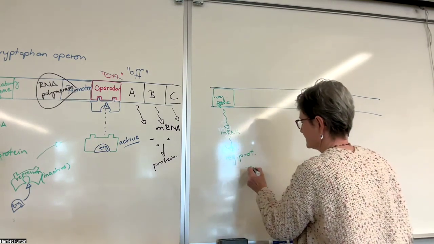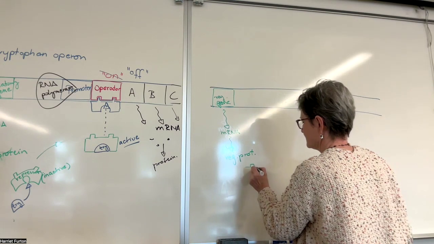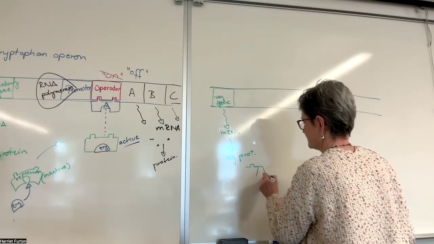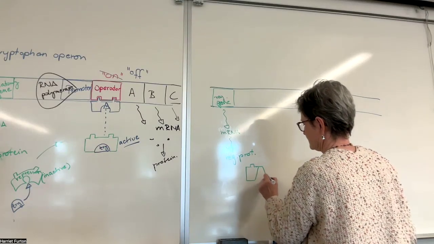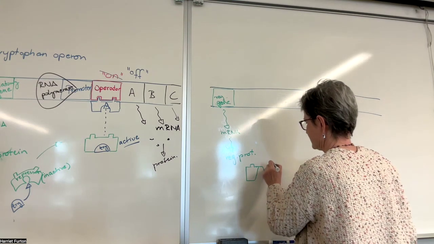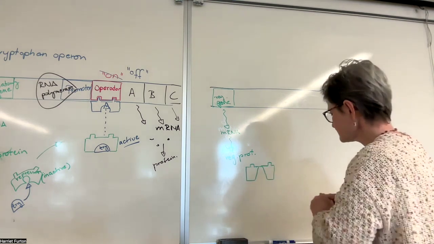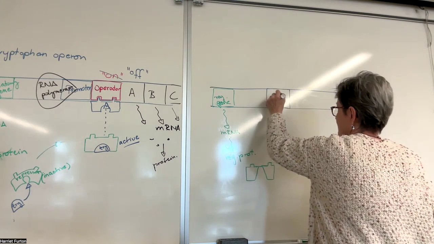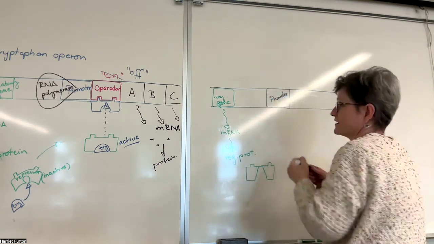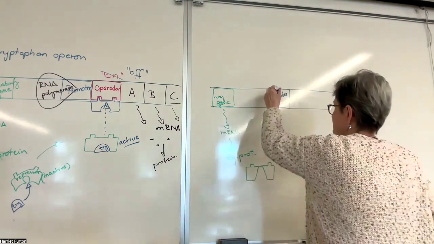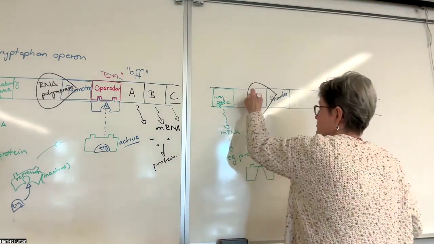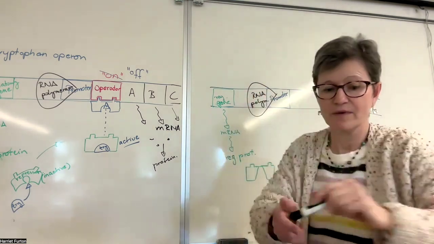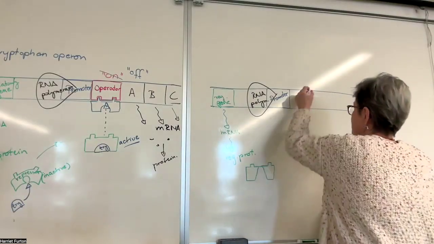I will draw that like something like this. We have the promoter region. This is where the RNA polymerase will start the transcription. We have again an operator segment.